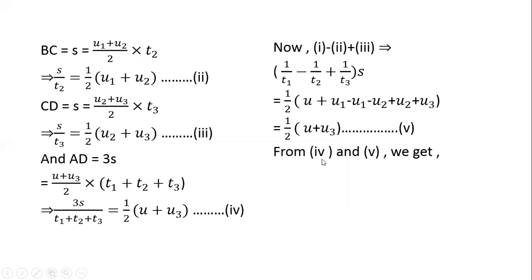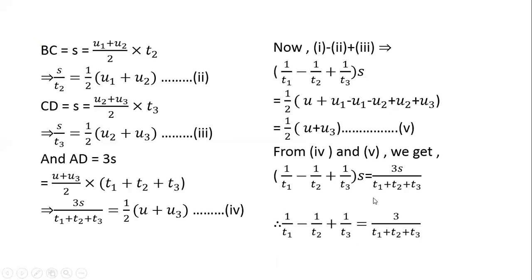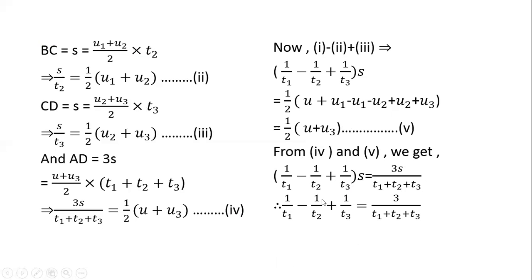From 4 and 5, we get 1 by t1 minus 1 by t2 plus 1 by t3 equal to thrice s by (t1 plus t2 plus t3). If we divide this equation by s, we get 1 by t1 minus 1 by t2 plus 1 by t3 equal to 3 by (t1 plus t2 plus t3), which is our required answer.